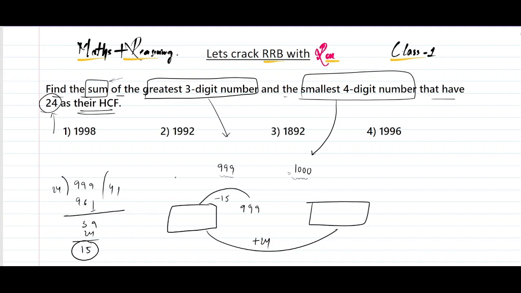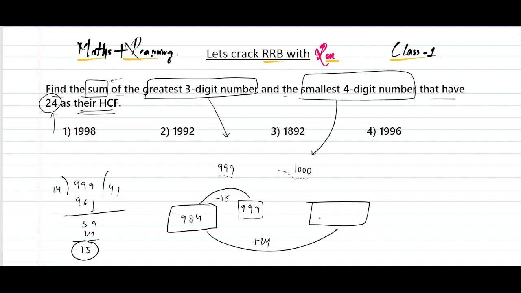See, again I will repeat, don't worry. If I subtract 15 from 999, I will get a number. So 9 minus 5 is 4, 9 minus 1 is 8, 984 is the number which is exactly divisible by 24, right? Then 24 will be the HCF of this number only, right? Now simply instead of doing 1000 divided by 24, if I add 24 to this number, I will get a number more than 1000 only, right?